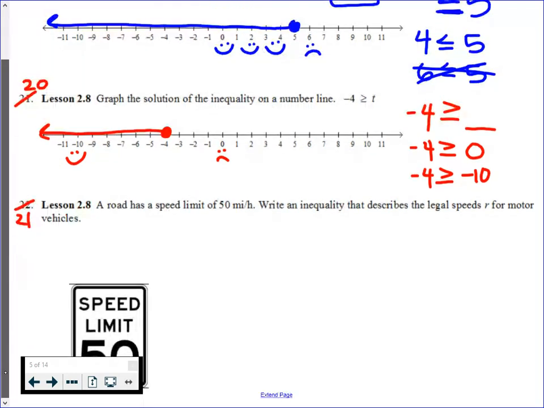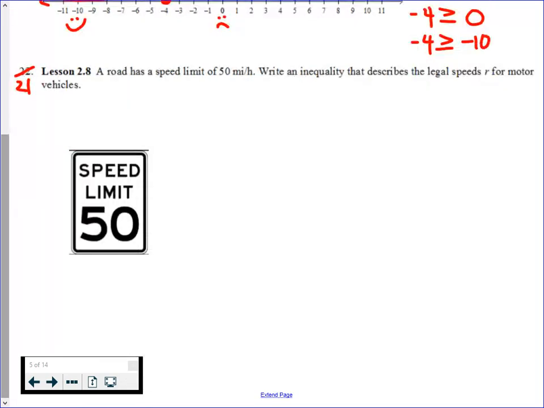One other thing we talked about yesterday was a speed limit example. A road has a speed limit of 50. So speeds that would be considered safe would be 49, 48, 47, 46. And also technically exactly 50.